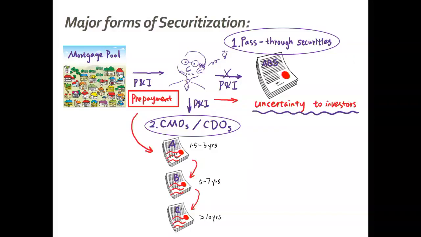So if you hold class C bonds, over the first 5 to 7 years before class A and B bonds are fully repaid, you don't receive any prepayments. You keep receiving constant payments for at least 7 years, and then you start to have prepayments.